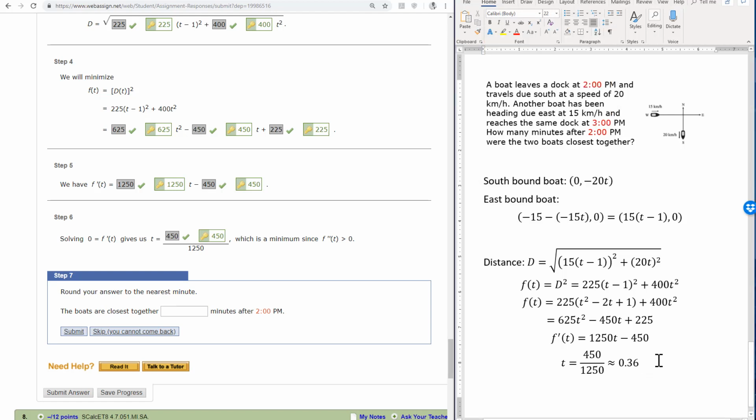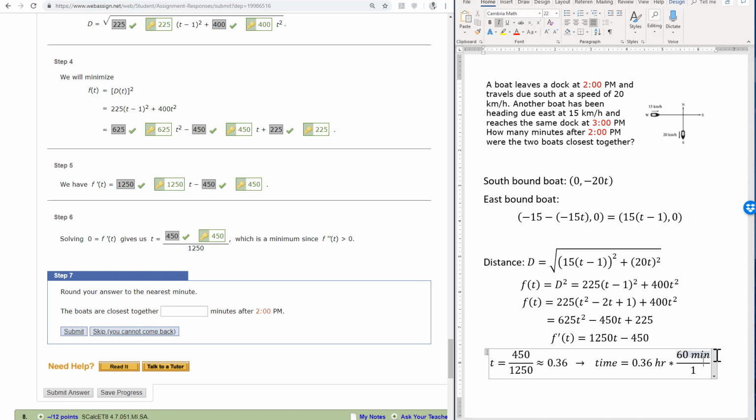Okay, so what we want to do is translate this into time. So time is going to be 0.36 of an hour, and so we want to multiply this by minutes over hour. So 60 minutes over 1 hour. Let's put the labels here appropriately.